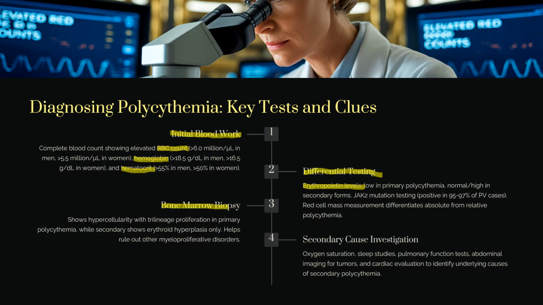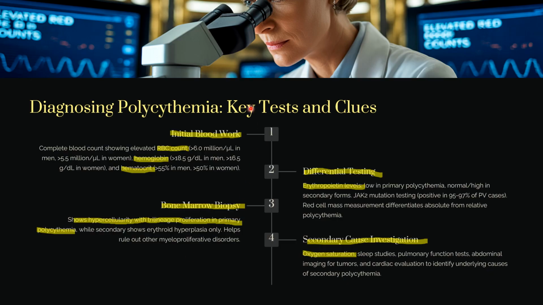If it is high, then in most cases there is polycythemia. Next, bone marrow biopsy. Whether the stem cells of the bone marrow are working properly or not. It shows hypercellularity with proliferation in primary polycythemia. Now, secondary cause investigation: oxygen saturation. So there are four steps for diagnosing polycythemia.